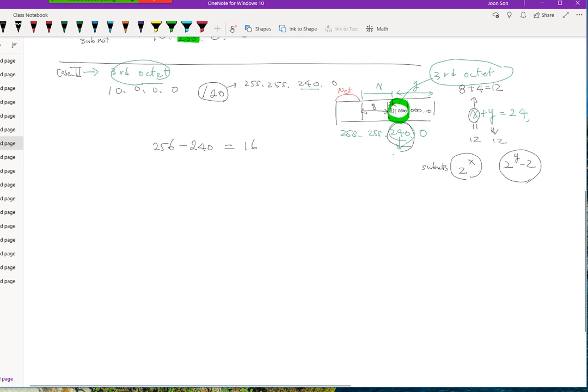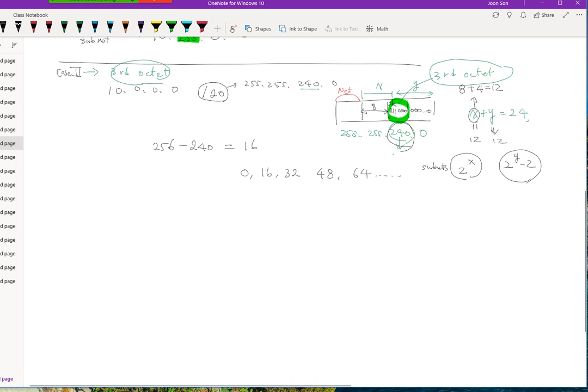So the third octet will change in multiples of 16. So it's going to be 0, 16, and then 32. And when you add 16, it's 48, and if you add another 16, it's 64. But anyway, just keep going.